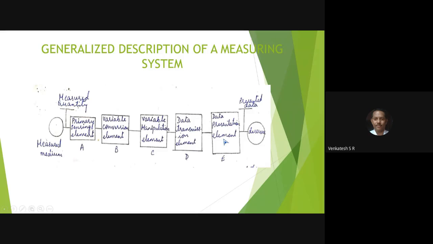The data presentation element receives the signal in the form of digital input and converts it into a form that can be interpreted by the observer, and this is the presented data. Suppose you are measuring the speed of the shaft, the presented data is in RPM, say 1200 RPM. If you are measuring temperature, it is in degree centigrade.